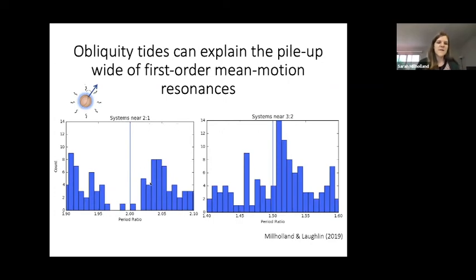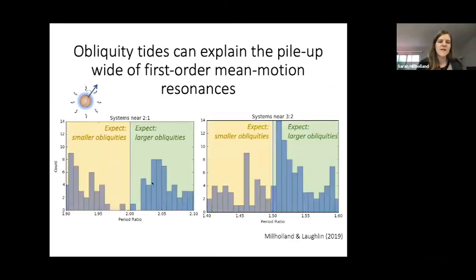Our hypothesis predicts that planets wide of these resonances should have larger obliquities on average compared to those just inside. And so if these planets wide of resonances are experiencing much more tidal dissipation due to their larger obliquities, then we should expect that increased interior heat deposition could puff up their hydrogen-helium envelopes and lead to some amount of radius inflation.